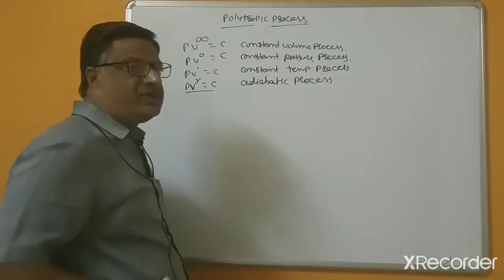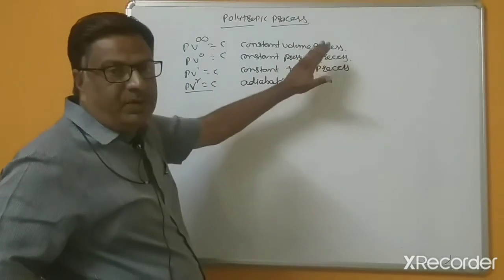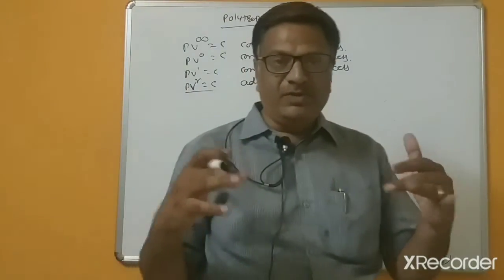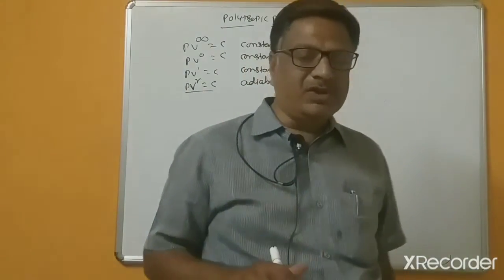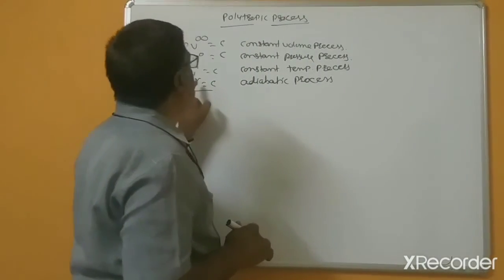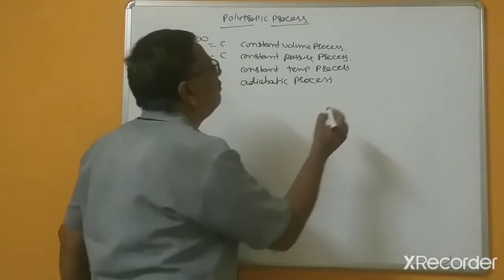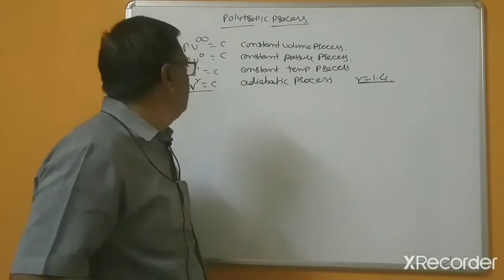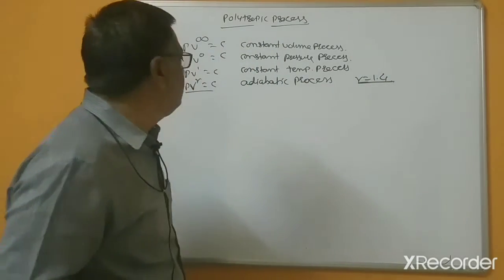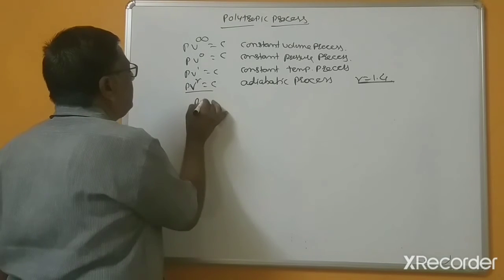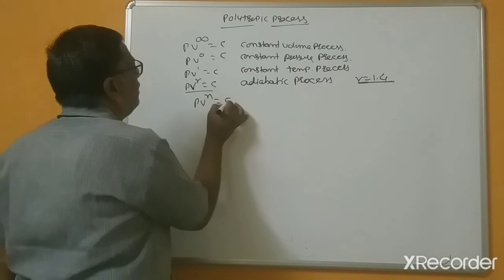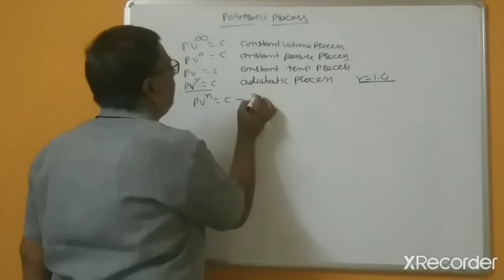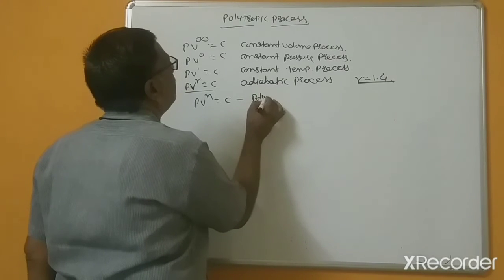Now in the polytropic process, we allow exchange of heat between the system and surroundings, or from surroundings to the system. The value of gamma is equal to 1.4. Now this index gamma is replaced by n, and such processes are called polytropic processes.